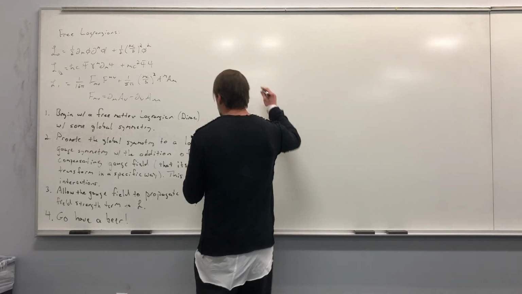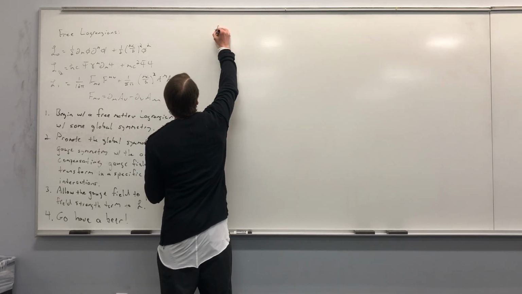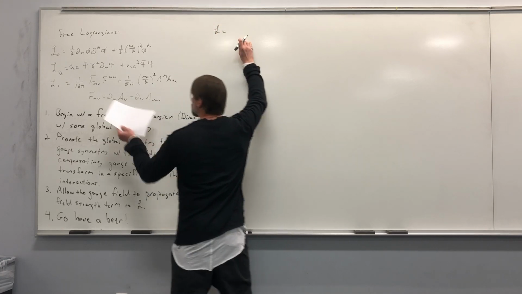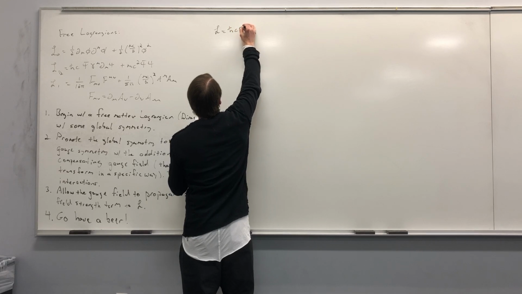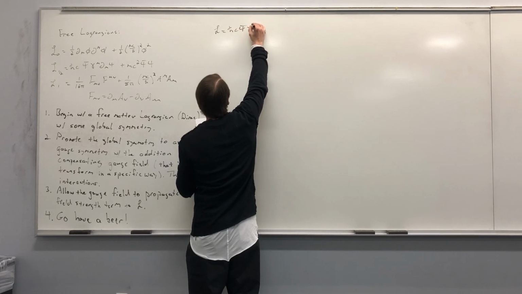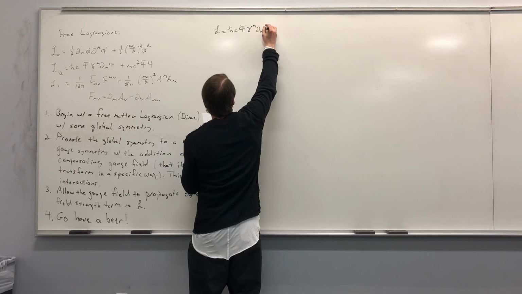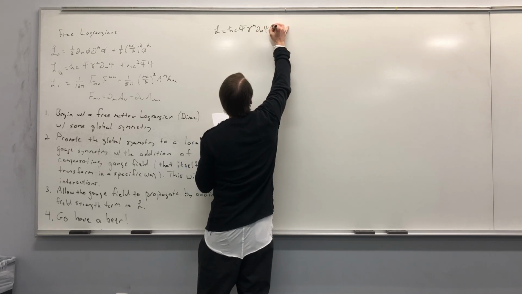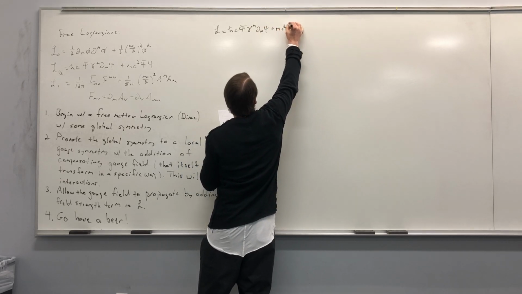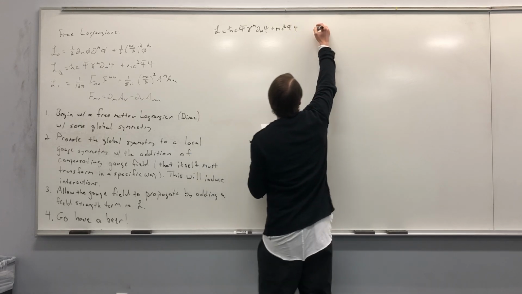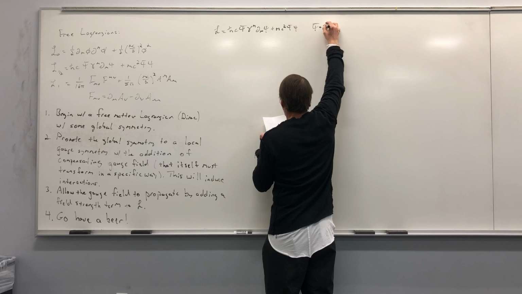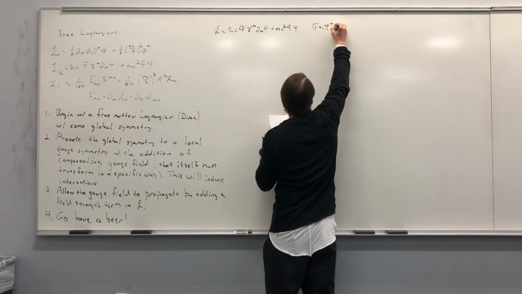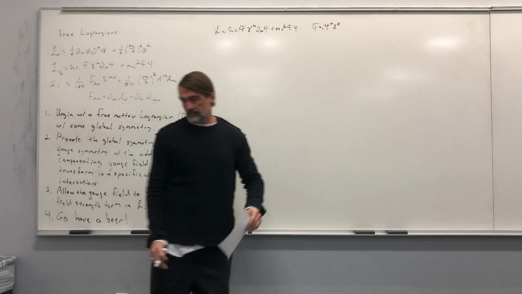So here we go. We're going to start with just this second Lagrangian. So h bar c, psi bar, gamma mu, d mu psi, plus mc squared psi bar psi, where you should remember that psi bar is i psi dagger gamma 0.